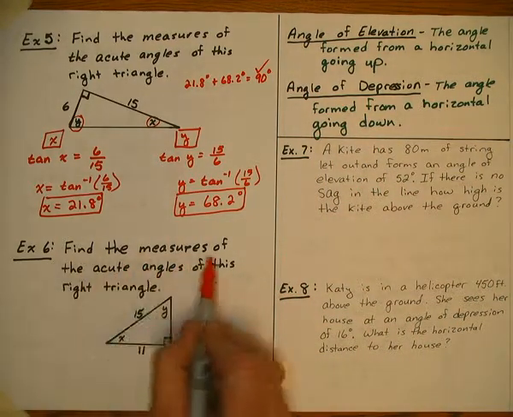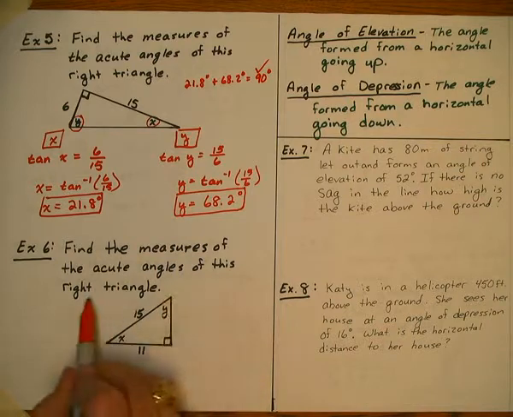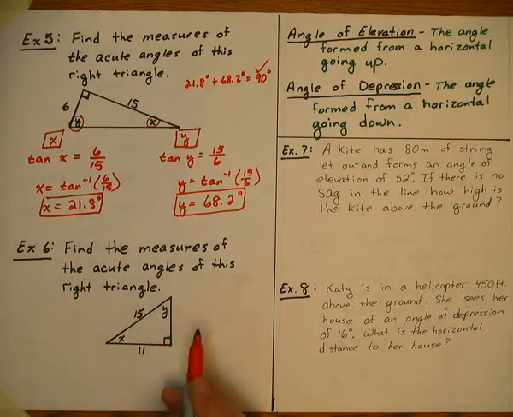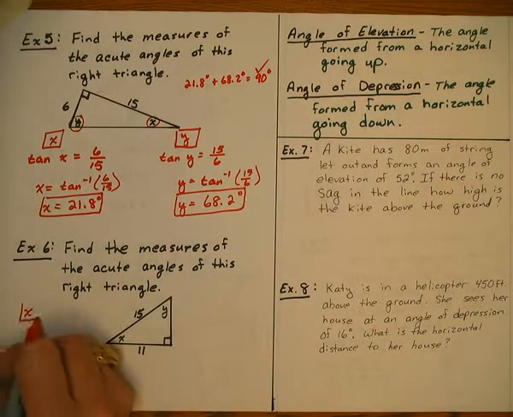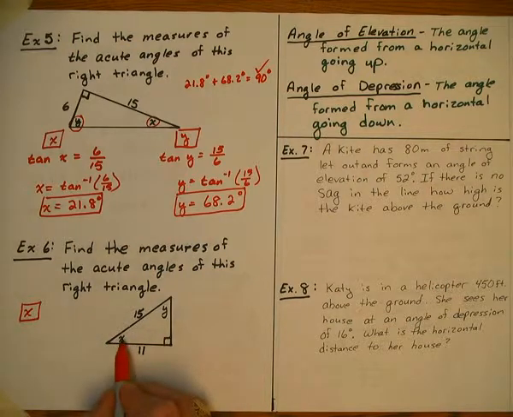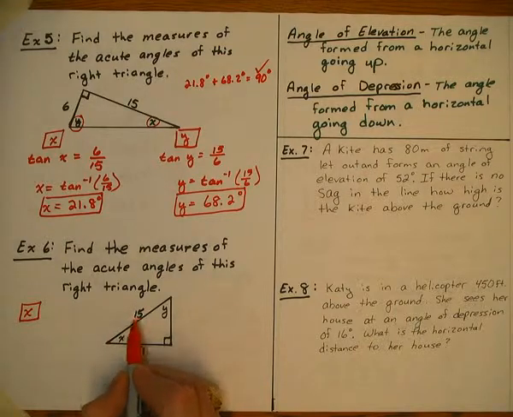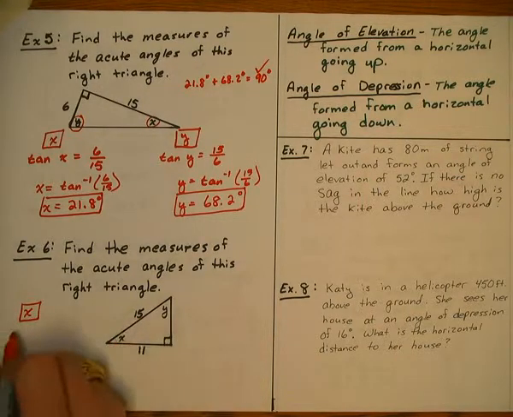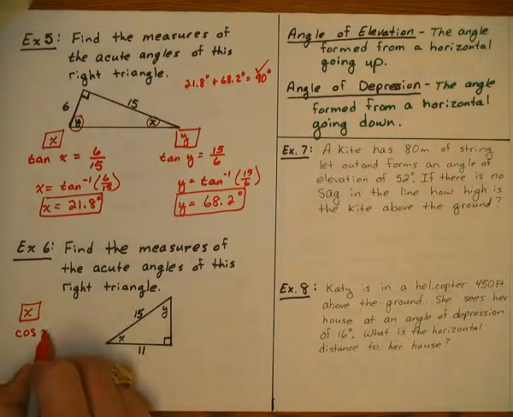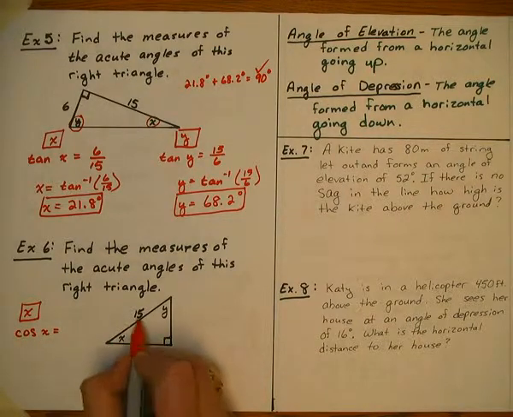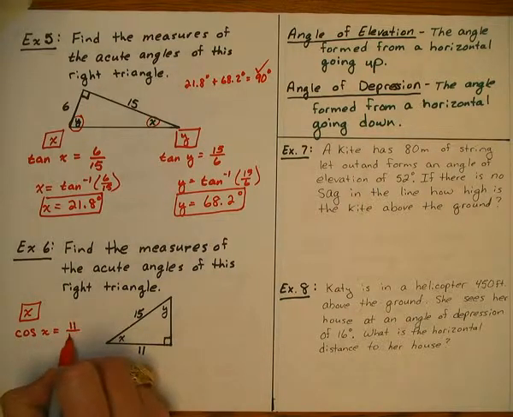Alright, question number 6. Find the measures of the acute angles of this right triangle. Alright, so once again I'm going to start with x. The sides given to us, this one is adjacent to this angle. This is your hypotenuse. Adjacent and hypotenuse is the trig function cosine. So we say cosine of the angle equals 11 over 15.